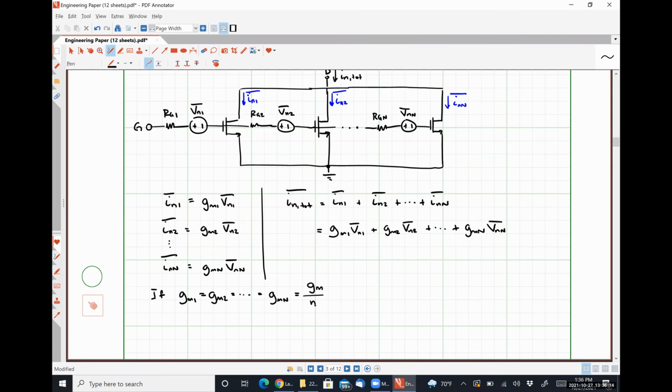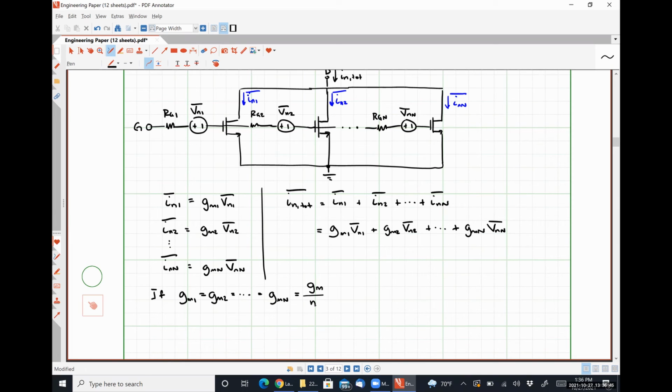Which should make perfect sense because all we're doing is changing the width, making it smaller, right? All of the other parameters of our transconductance are going to be exactly equal. VGS, VTH, MUN, COX, even L. The only thing that's changing here is we're making W look smaller and smaller and smaller. So we can simply say that it's the overall transconductance divided by the number of sub-transistors we break this thing up into, okay?